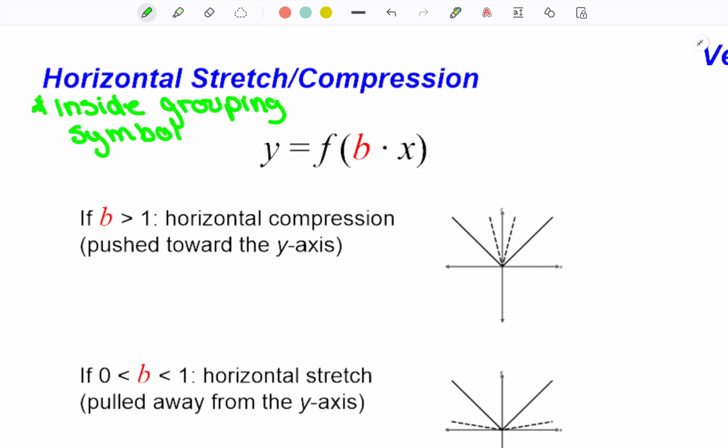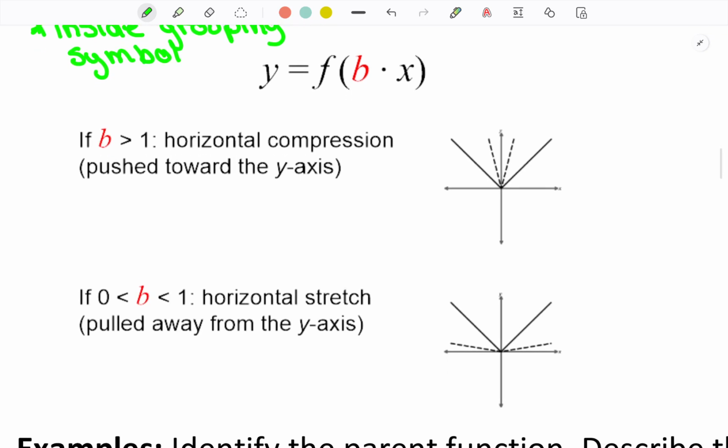So it does work a little bit backwards. If B is greater than 1, then you have horizontal compression, which means that it looks like you're squishing it toward the y-axis. And if it is a fraction or a decimal, between 0 and 1, then you have horizontal stretch, so it's pulled away from the y-axis.